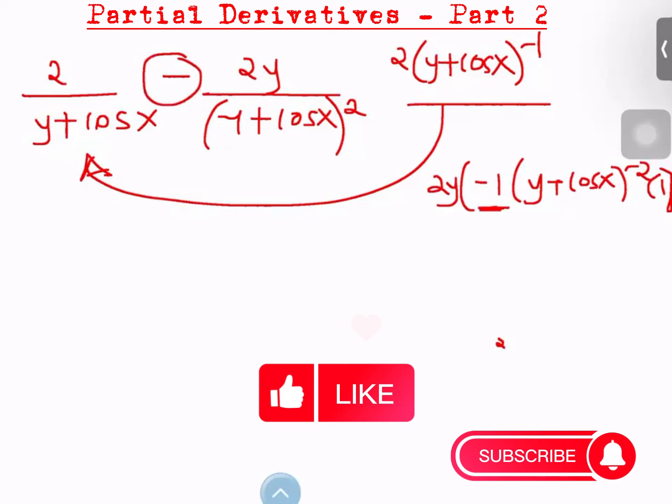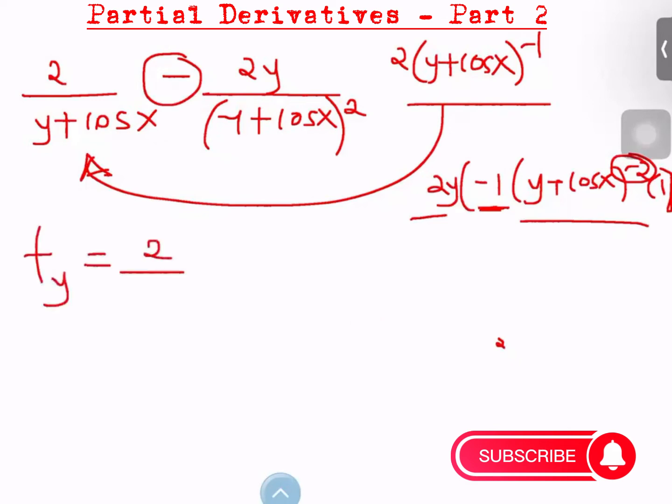And then the negative 2 power becomes a positive power 2 in the denominator. Therefore, our f of y is equal to 2 divided by y plus cos x, minus 2y divided by (y plus cos x) squared.